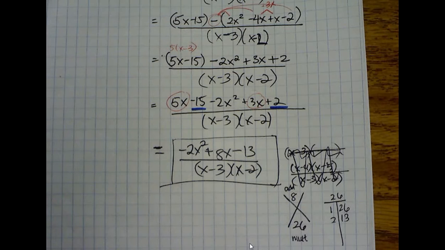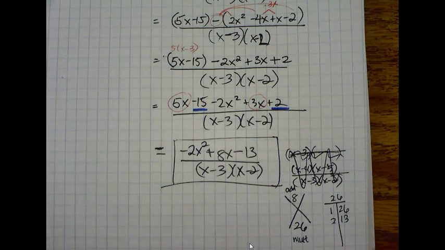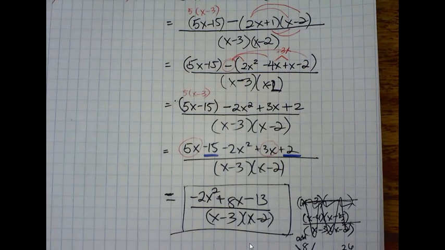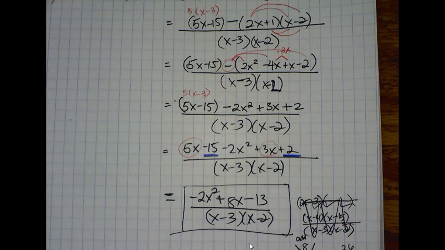So where did people go wrong? The negative. You forgot to distribute the negative? Okay, what else went wrong? You got distracted?